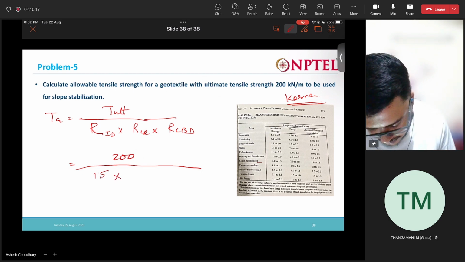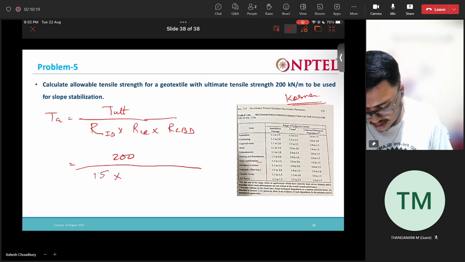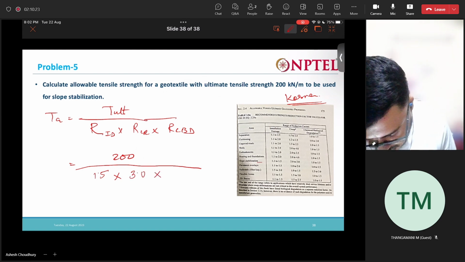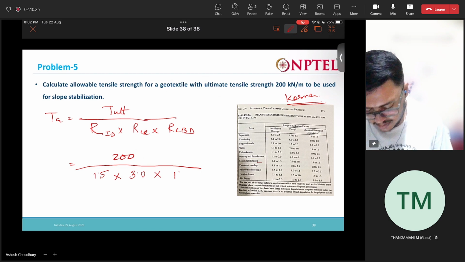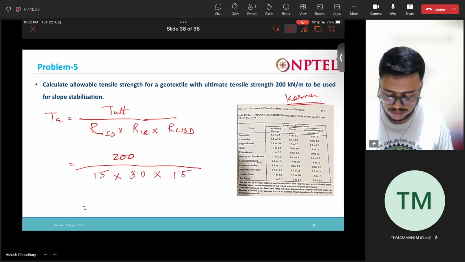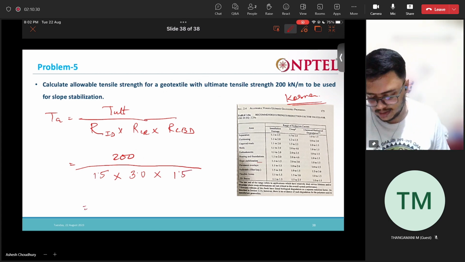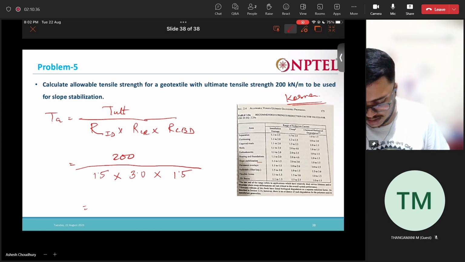For creep it is 2 to 3, so let us take 3. And for chemical biological damage it is 1 to 1.5, so let us take 1.5. If you do this, you will get the allowable tensile strength as 6.2.